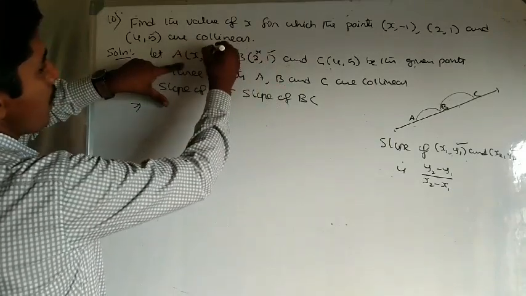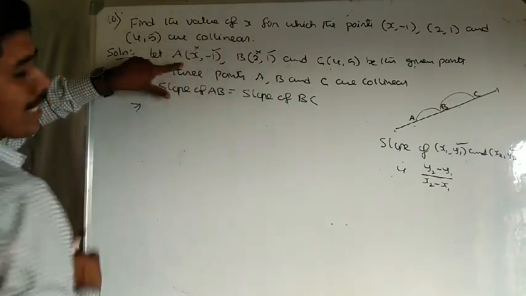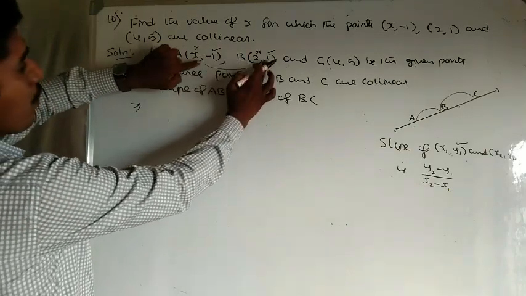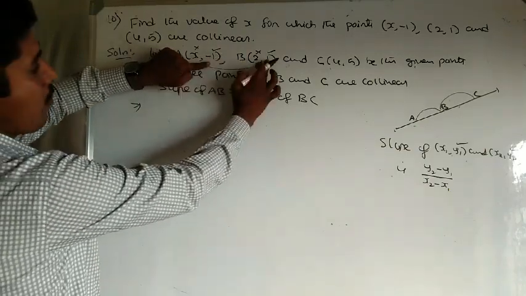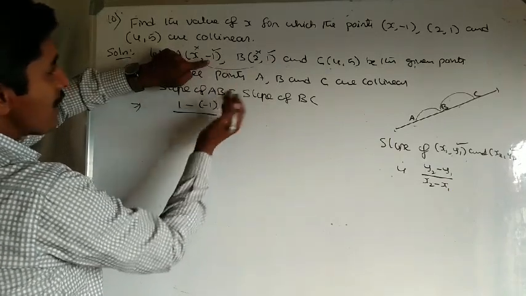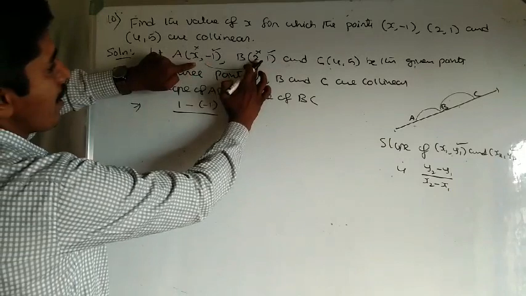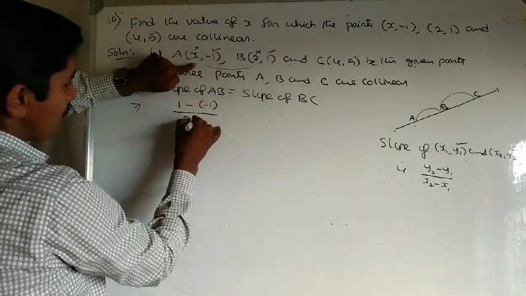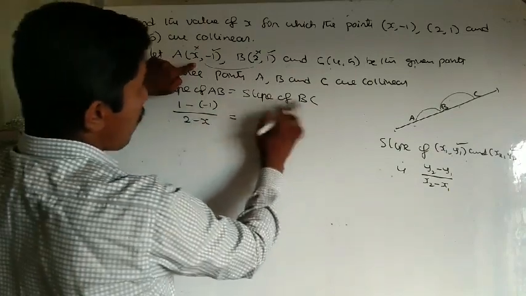In A, y coordinate is minus 1, x coordinate is x. Slope of AB is 1 minus minus 1, divided by 2 minus x, which is equal to slope of BC.